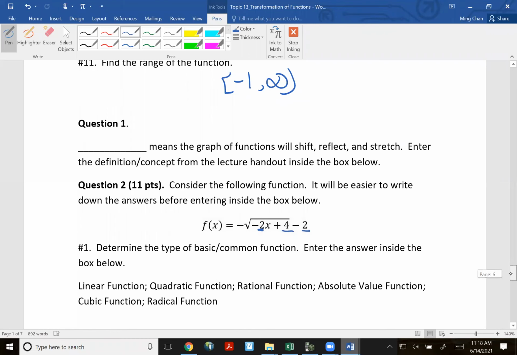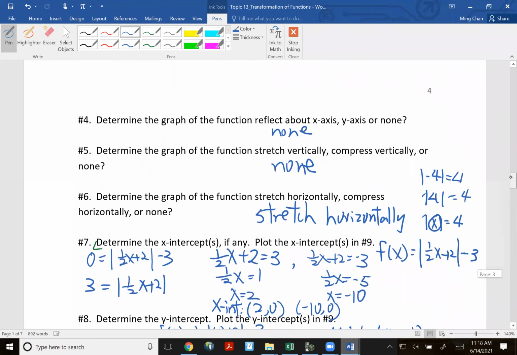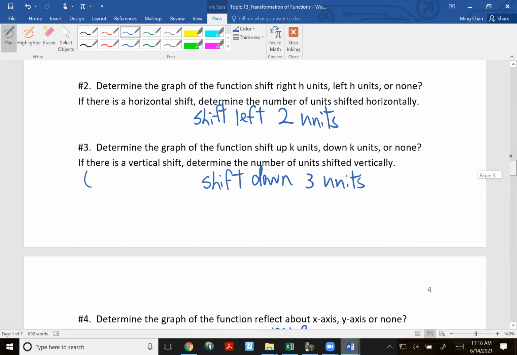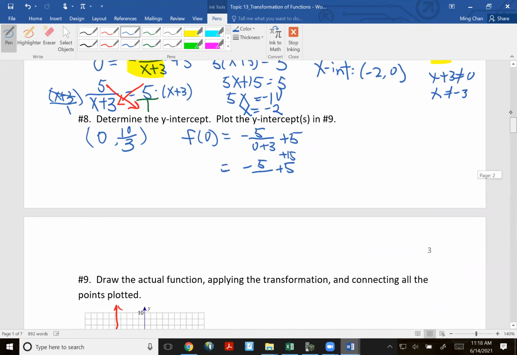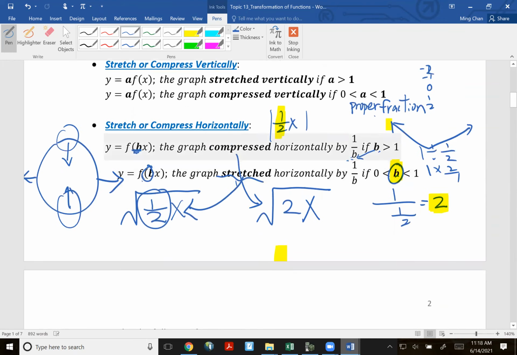But the 2 part, since that 2 is bigger than 1, technically all the x values will be 1 divided by 2. Therefore, it will be compressed. You will compress it horizontally. So I hope that helps explain a little bit.